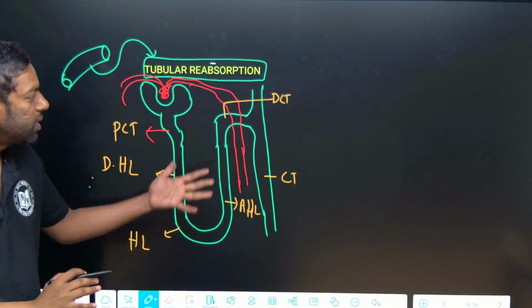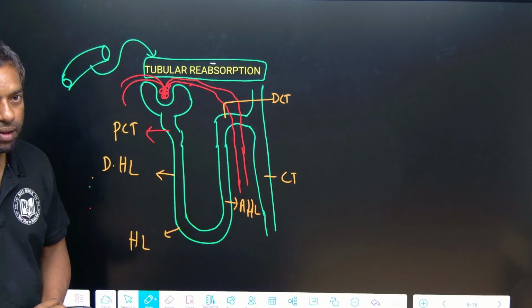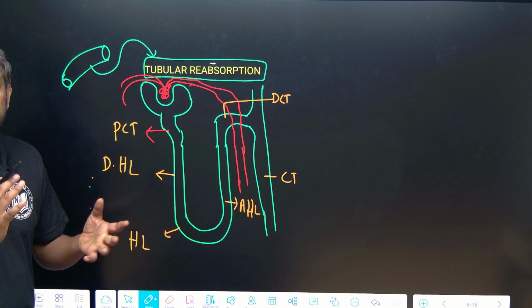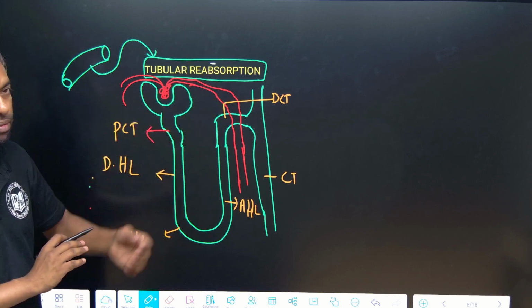These are the parts of the nephron. Different segments of the nephron have different functions for reabsorption.